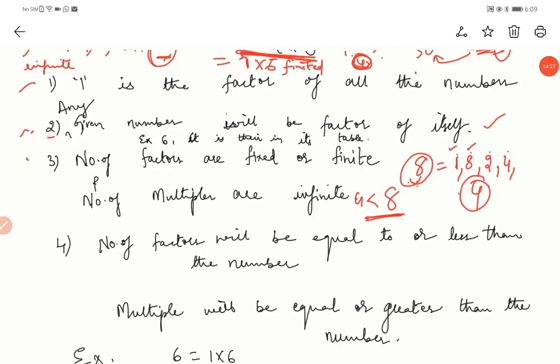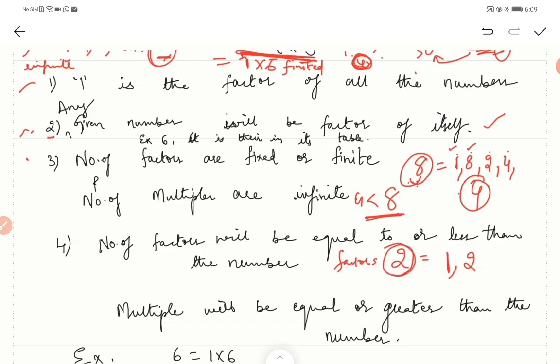Now if I take 2 as an example, what are the factors of 2? Factors of 2 would be 1 and 2, isn't it? You have only 2 factors for the number 2.